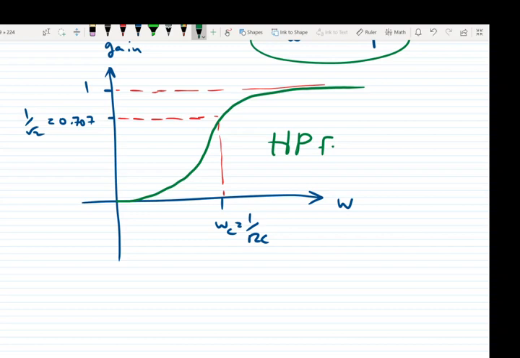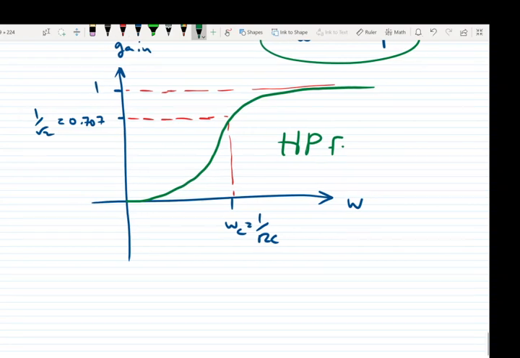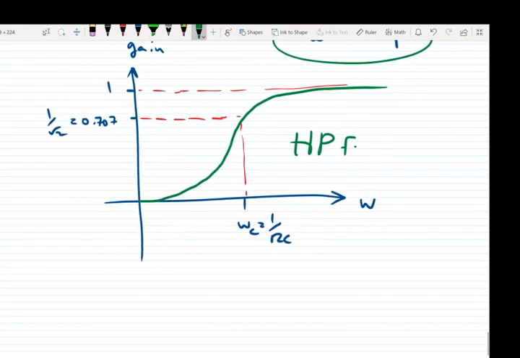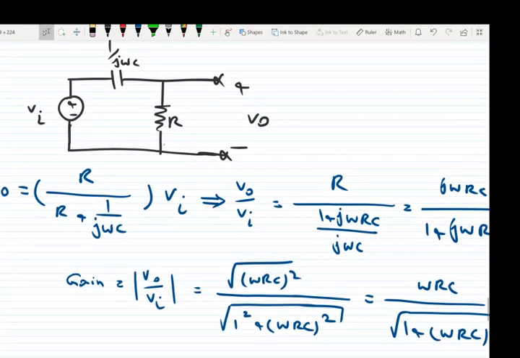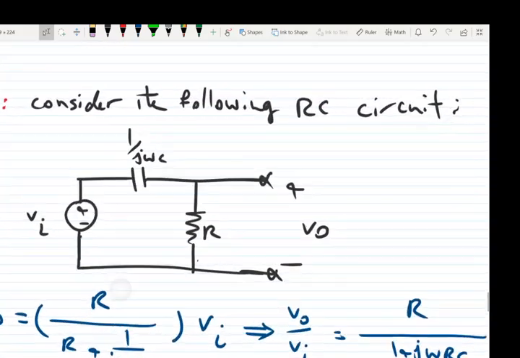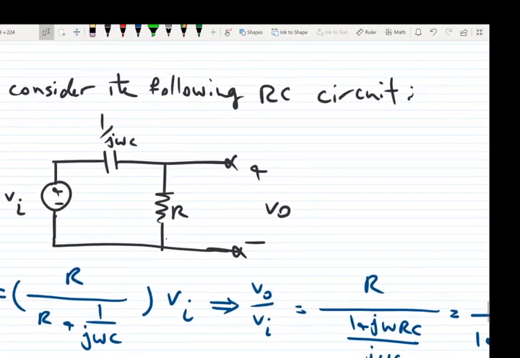But one more thing that Ivan mentioned is regarding determining the type of the filter by looking at the circuit. If we look at this circuit, there is something that we should know.